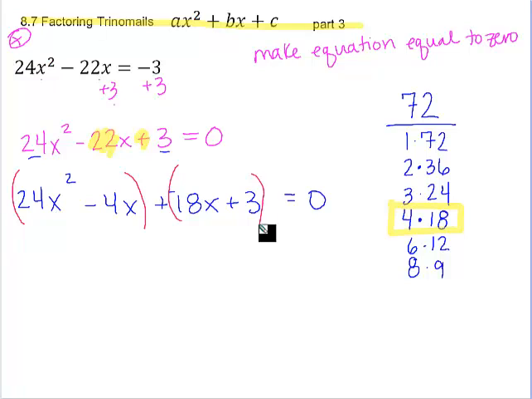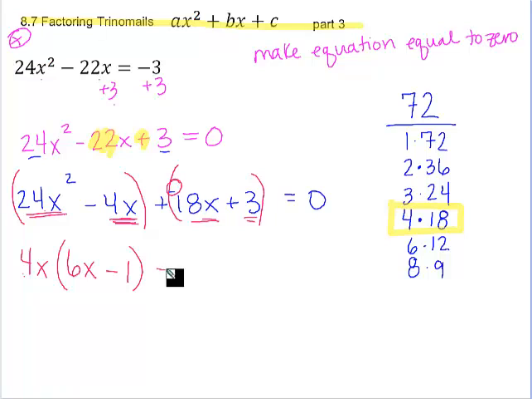Now we will take out the GCF. So the GCF of 24x squared and 4x would be 4x. 24 divided by 4 is 6. And we took one of the x's out, so we have an x left. 4x divided by 4x is 1. So 6x minus 1 is what we have left. GCF of 18x and 3 is 3.